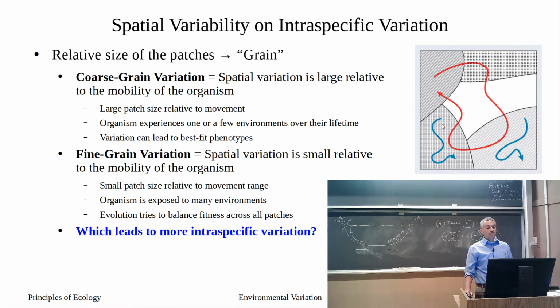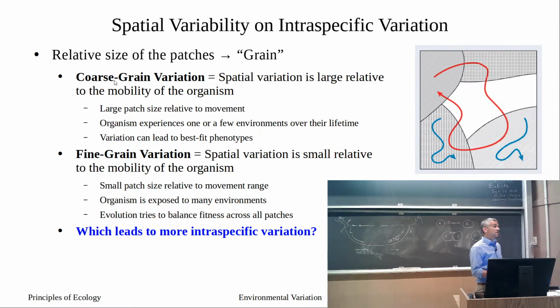So a snail in a forest sees the forest as a forest. It doesn't see the edge habitats. It doesn't see the field that's right next to the forest. The only thing that it sees is a forest. So for a snail, its movement pattern is pretty small relative to that spatial variation, and thus we refer to that as coarse grain variation.